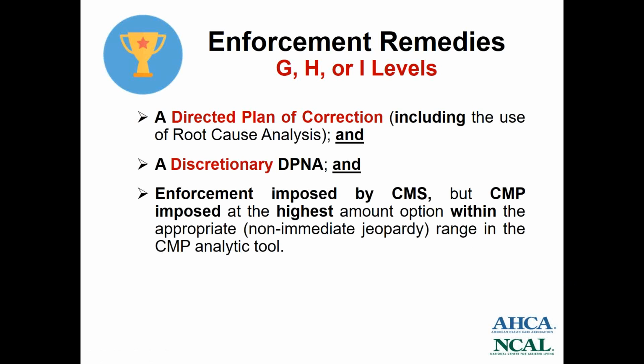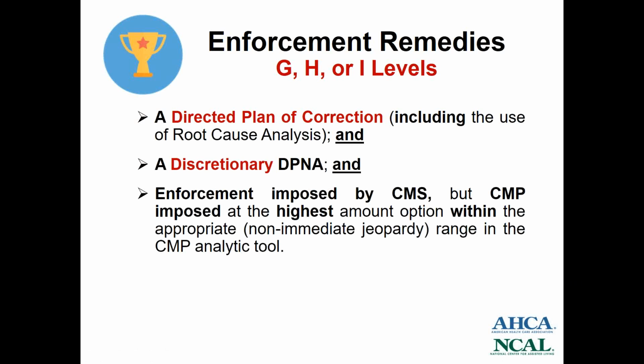It's a really easy document to look at, but it provides all of the CMP ranges. And again, that's S&C letter 17-37. If you don't find that, you have a slide that has our contact information. If you will contact me, I will send you that letter as well.